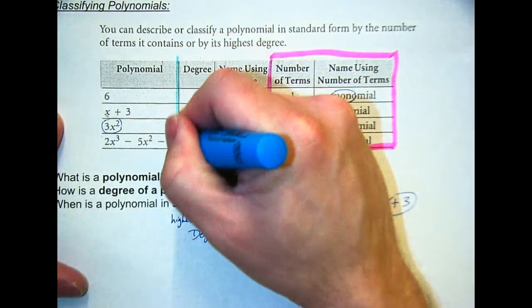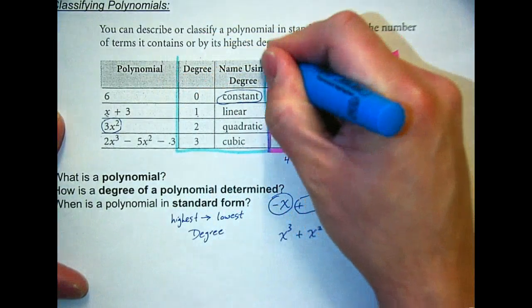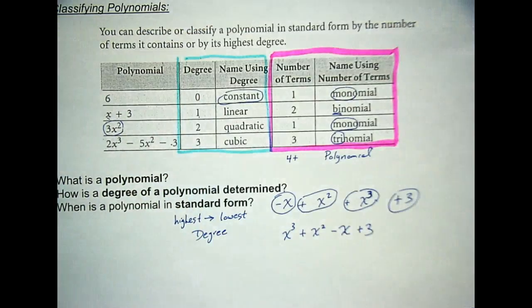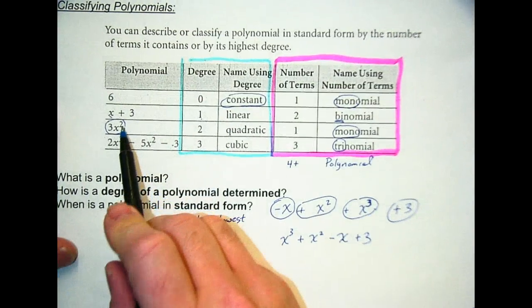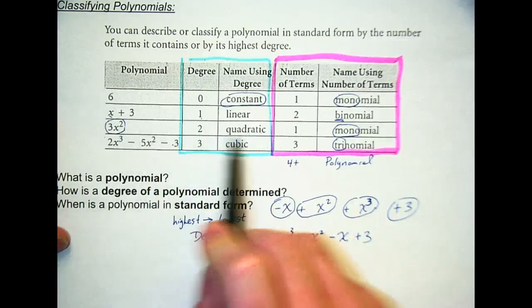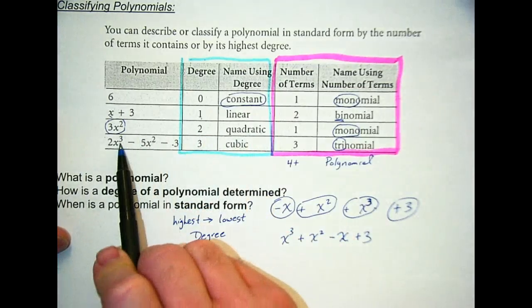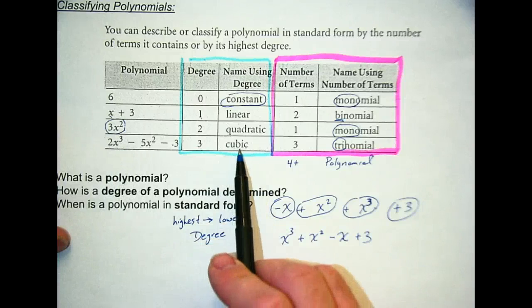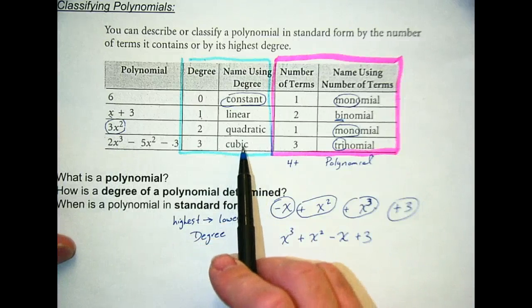We're looking at just degree in this spot here. If it's second degree, we call it a quadratic, and that's actually what we're going to be studying a lot of in the next month or up to spring break. And then if the highest degree is a third degree, it's called a cubic. Those are special names.